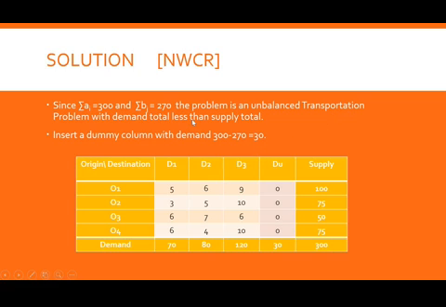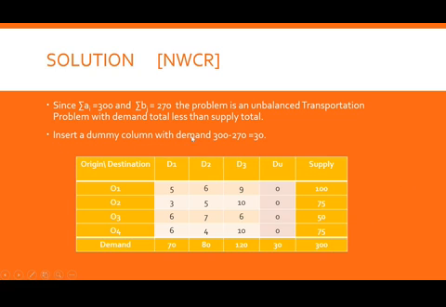Because the demand total is less, we will have to add a dummy column, right? We will have to add a dummy column. Therefore, the difference between the totals, 300 minus 270, is 30. So for that dummy column, the demand will be placed as 30. Okay, hope you have understood.